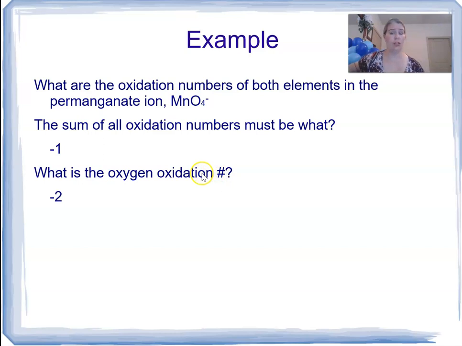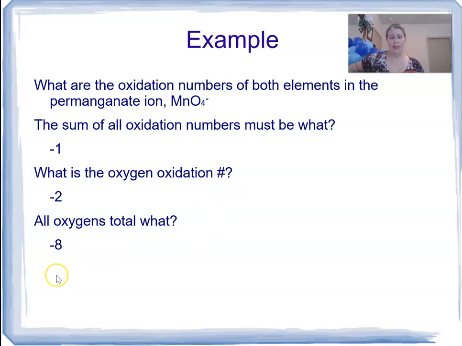That's the normal charge of an oxide ion. Well, there's 4 oxygens. So what's the total number of negative charges? 4 times -2 would be -8. So I have a total of 8 negative charges.